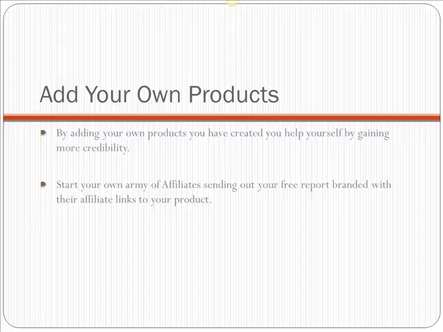So if you already have a bunch of affiliates, then it's great to put your own products in there and offer them an affiliate link to rebrand that report with, so that when somebody purchases it, they get a commission as well.